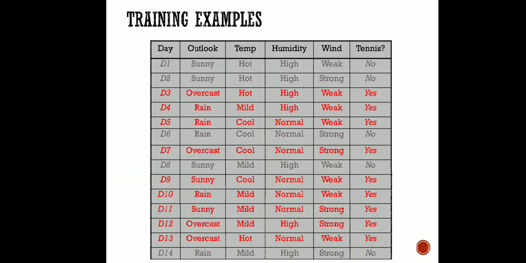Okay, see, there are a total of 14 data points, and humidity can be high or it can be normal, right? Now see, for the high case, it can be yes for 3 different choices, right?